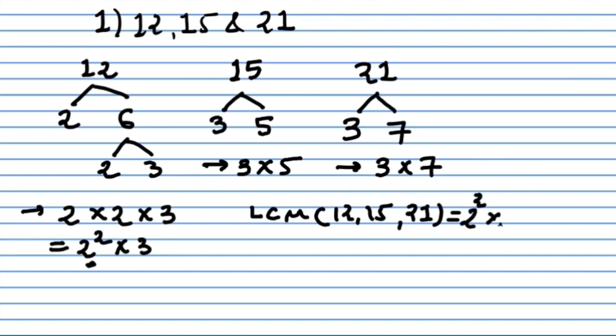So 2 square multiplied by 3, multiplied by 5 and multiplied by 7. We have to include all the numbers available in the factors. If you multiply this, you will get 420. So the LCM of 12, 15 and 21 is 420.